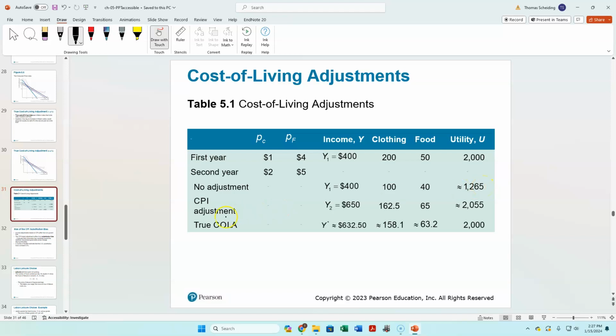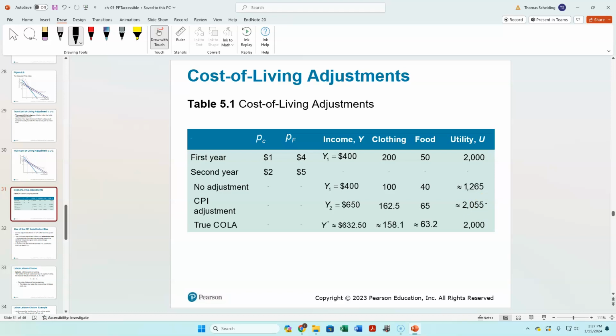If I adjusted my income level by exactly the CPI, I would go from 400 to 650, but that would leave me actually better off than I used to be before.